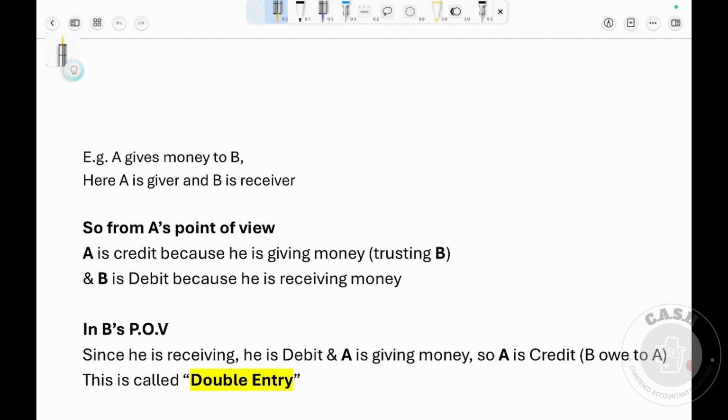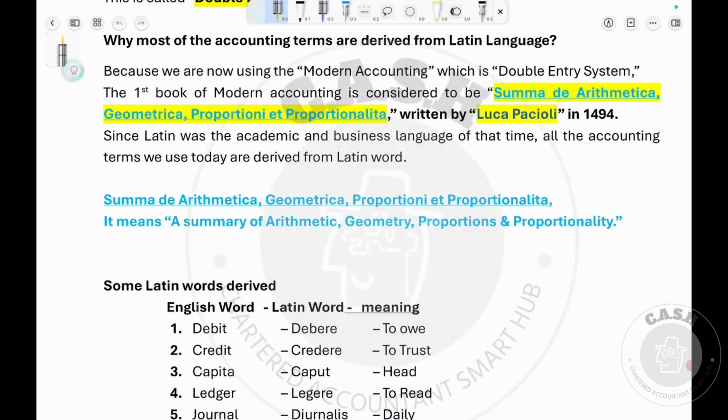Now, where did we get this double entry system? Have you ever wondered why most of the accounting terms are derived from the Latin language? Because now we are using the modern accounting system, which is called double entry system.